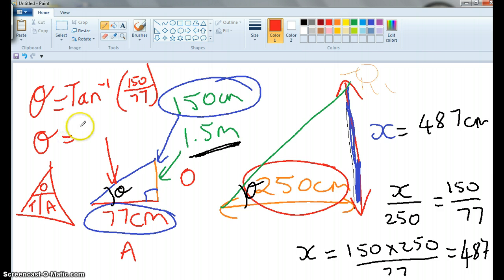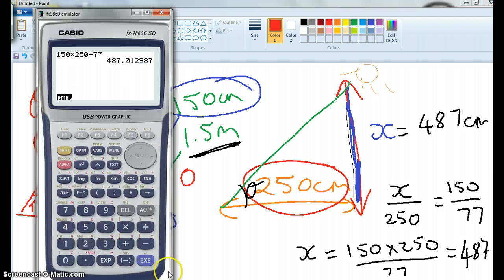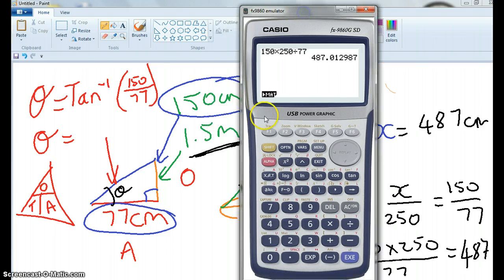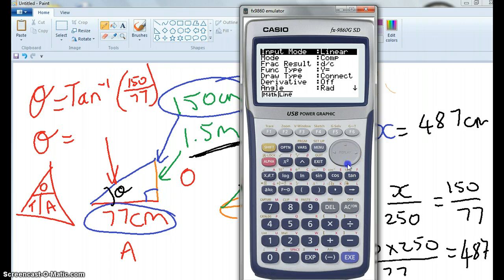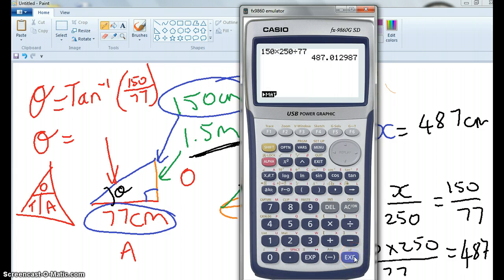So theta equals, and I'm going to go shift set up, and I'm going to make sure that this is actually in degrees, and then I check by going sine of 30 equals 0.5, always do that, and so then I can go shift, undo tan, because I'm finding the angle, 150 divided by 77, and I get 62.8 degrees.